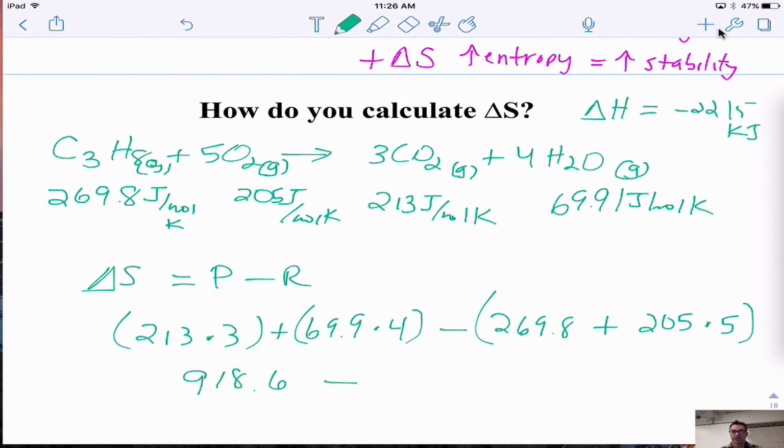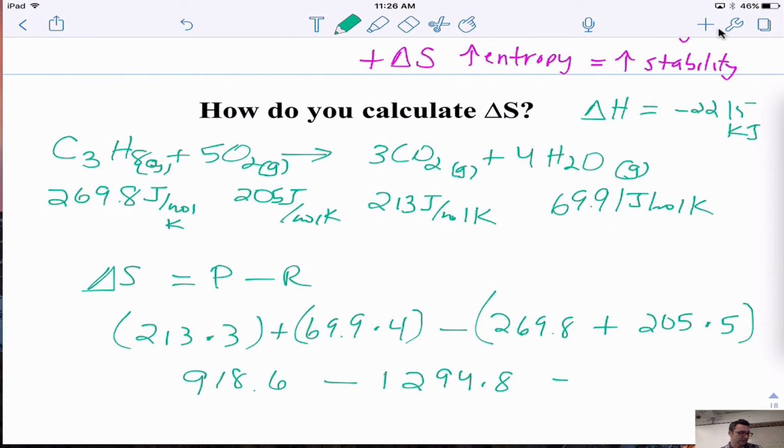And then minus the reactants, we're going to have 205 times 5 plus 269.8. And so we're going to have minus 1294.8.